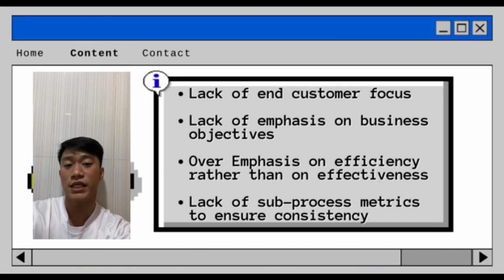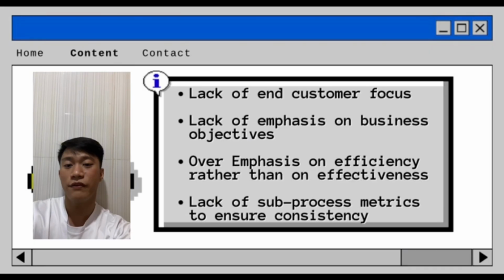SLA often focuses mainly on technical performance, like uptime or response time, and not on the broader business goals. Because of this, the service may meet the technical metrics but still fail to support what the business truly needs, such as improving customer experience, boosting productivity, or achieving strategic outcomes.